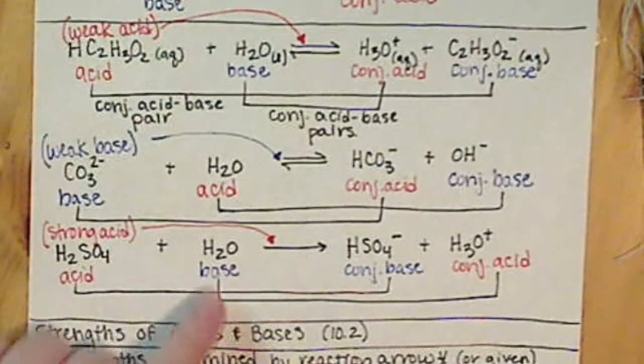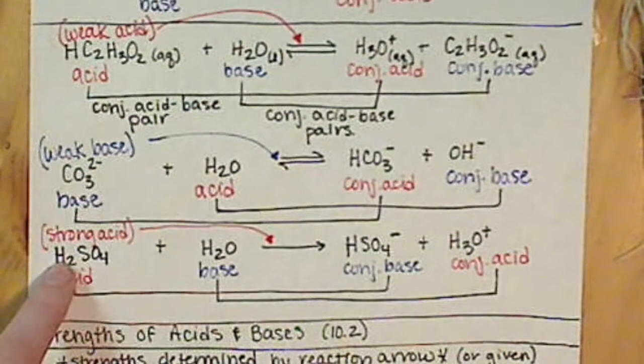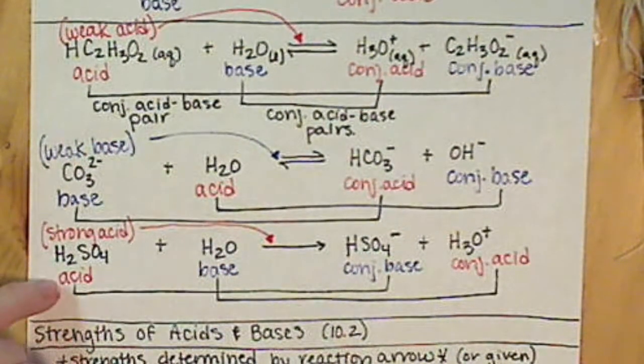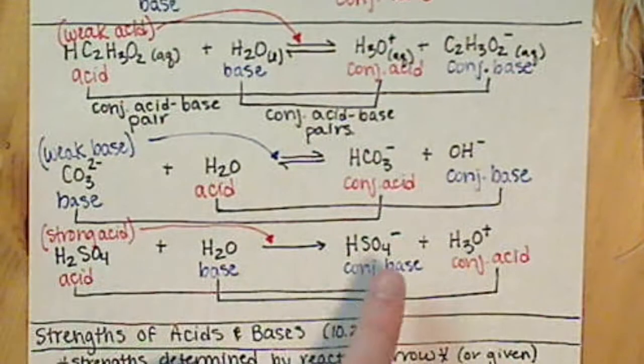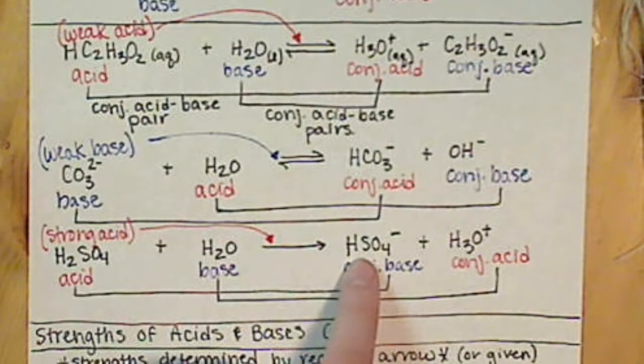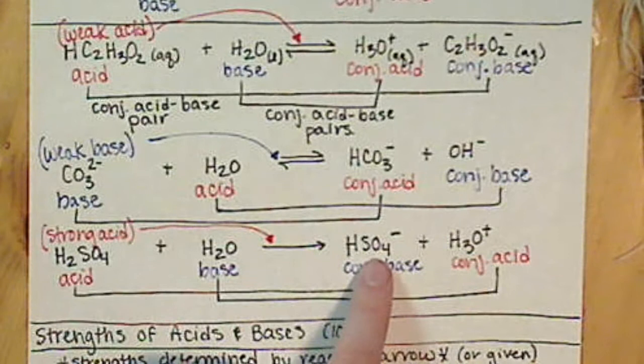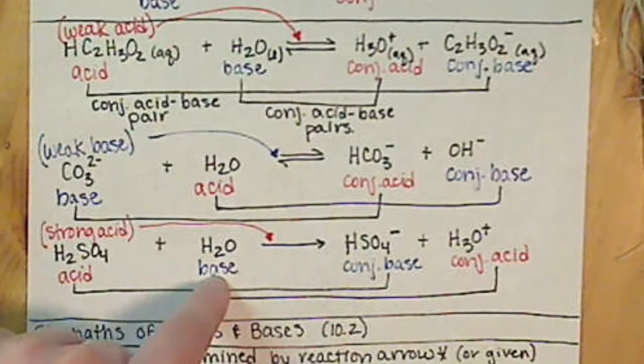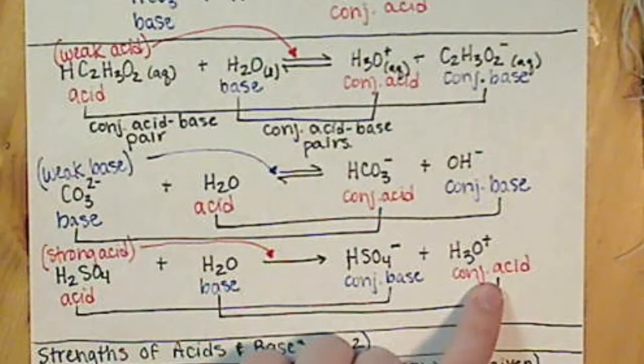But when we're looking at it with water, we just look at one hydrogen at a time. So our acid donates one hydrogen to form our conjugate base, HSO4 minus. And water again goes back to being a base, so it's going to accept the proton to form the conjugate acid of H3O plus.